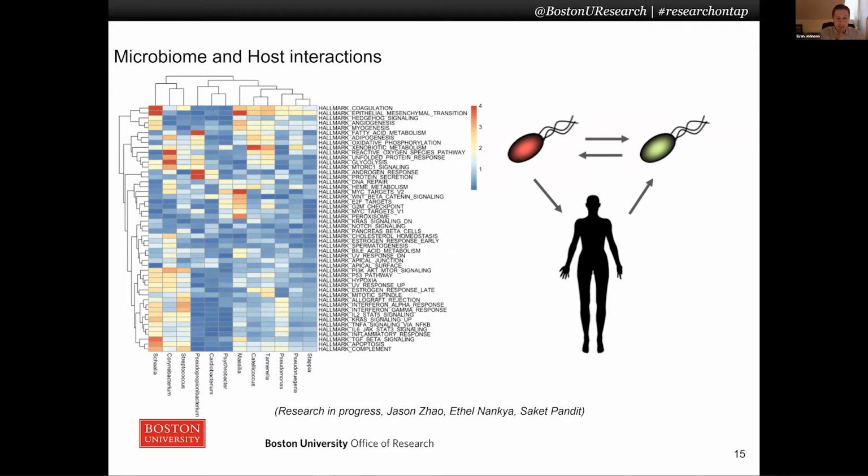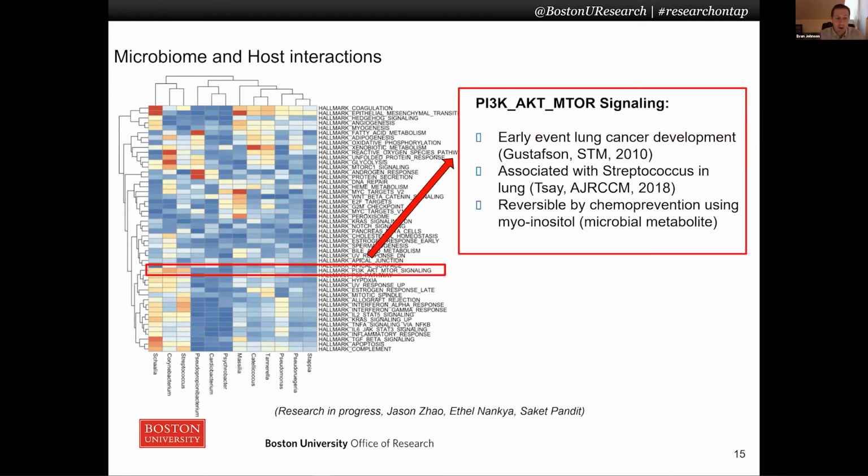Next slide, please. But what we're looking at are, you see this heat map, is you see human pathways by microbes, and these are microbes that potentially activate human pathways, and then connecting that to basically the development of cancer. For example, PI3 kinase has been established as an early event in lung cancer, and it's also been associated with the presence of microbes such as Streptococcus in the lung.